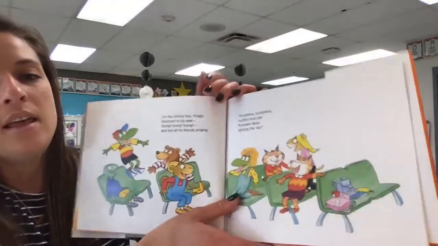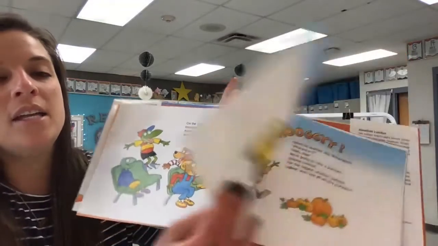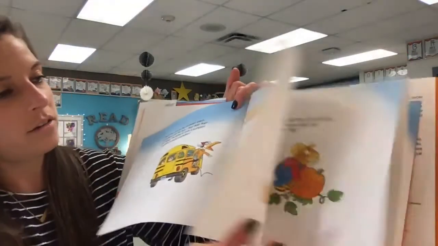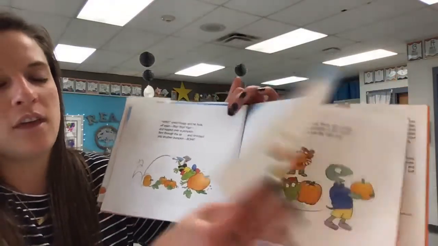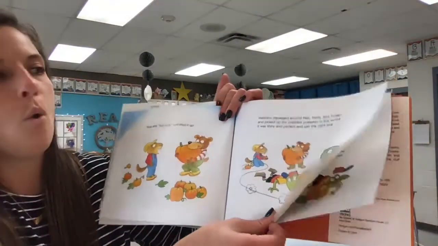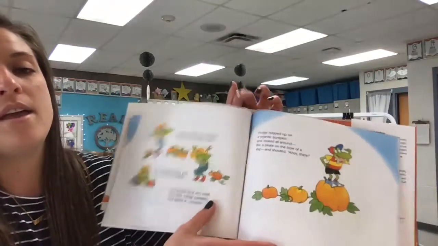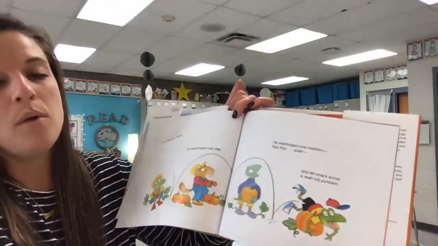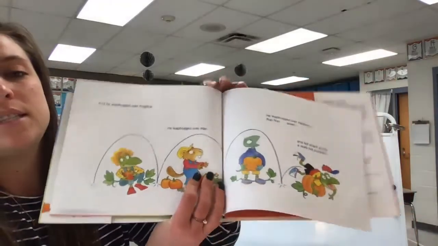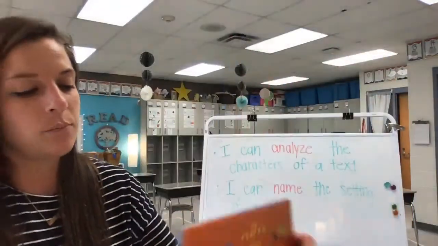And then they get on the bus and they go where? To the pumpkin patch. Where are pumpkin patches? Are they on playgrounds? No, they're at the farm, right? So the setting changes throughout the story. And we can visualize that in our brains as the story takes place.